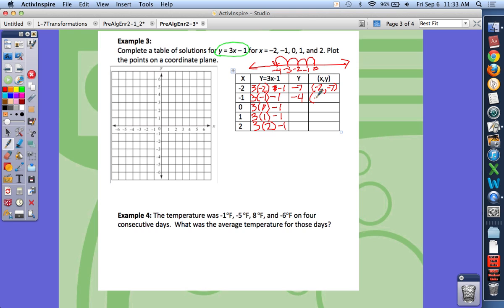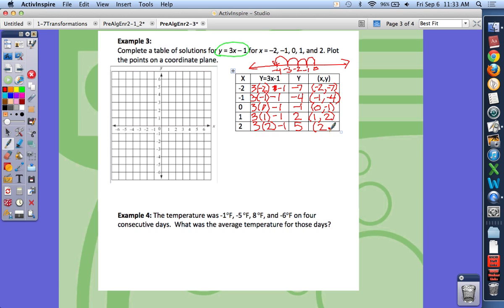So this ordered pair is negative 1, negative 4. 3 times 0 is 0, minus 1, negative 1. 3 times 1, 3 minus 1 gives you 2. And 3 times 2, 6 minus 1 is going to give you 5.